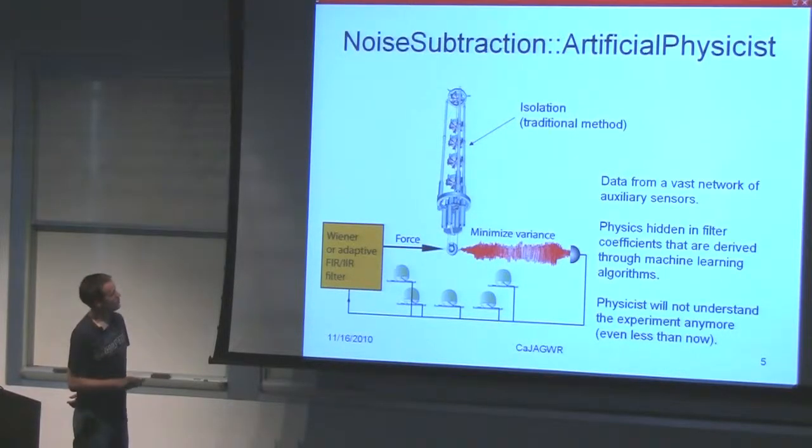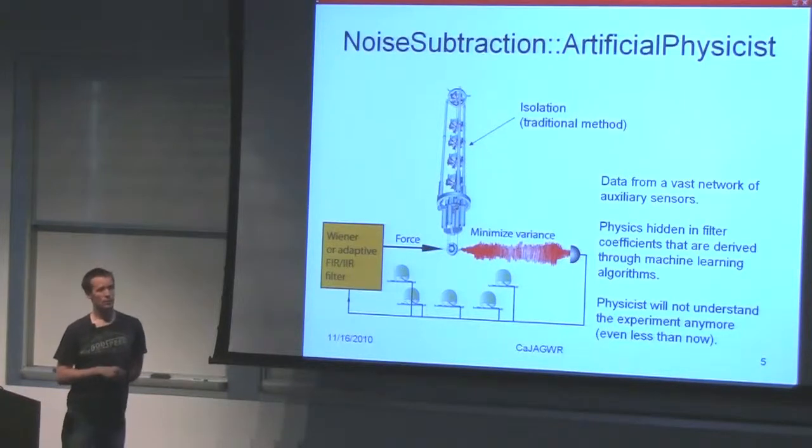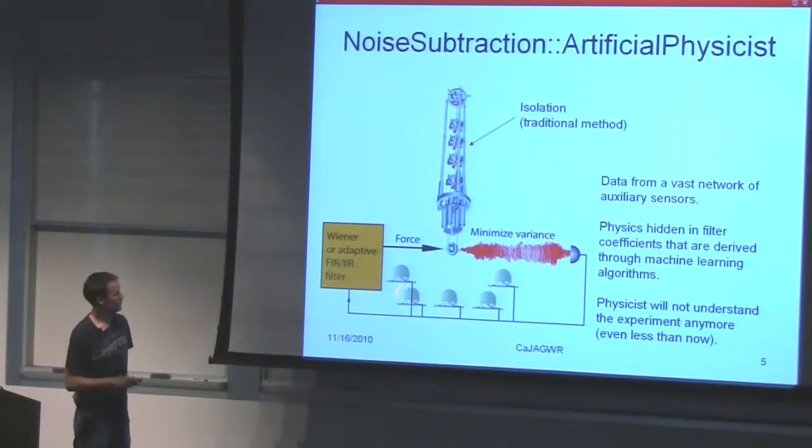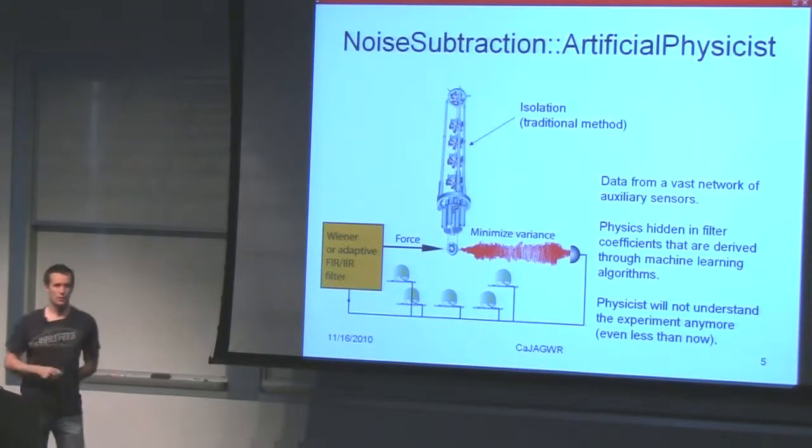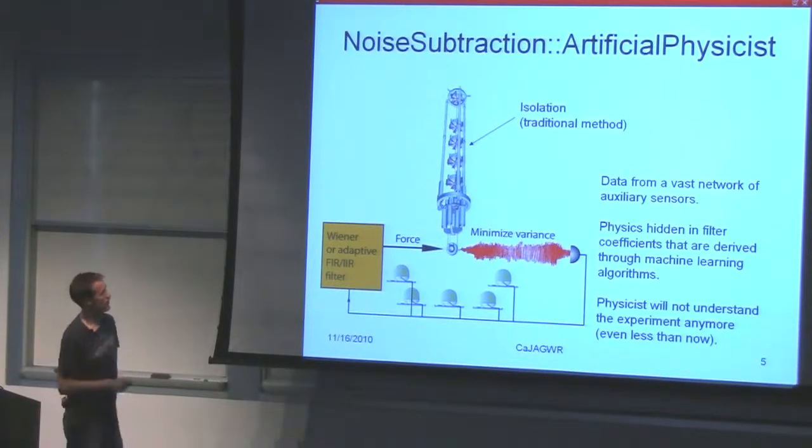And so it seems that the only option that we have, in terms of isolation, is to use a seismic array and hope that the information we get from this seismic array tells us how to filter out the variance in our gravitational wave channel that is caused by the Newtonian noise. So we try to minimize essentially the variance using some filter that contains all the data from our seismic array, and this is a coherent subtraction of the noise, right? That's basically how it works.